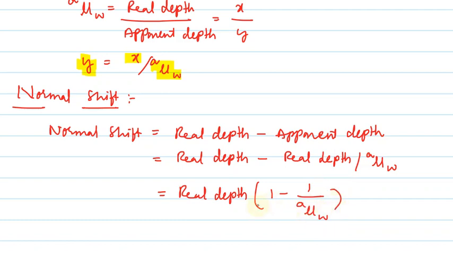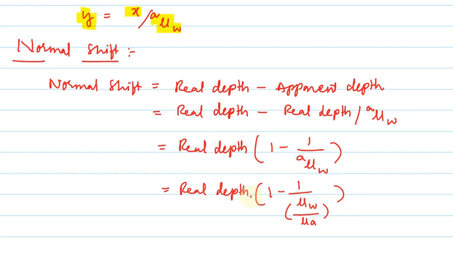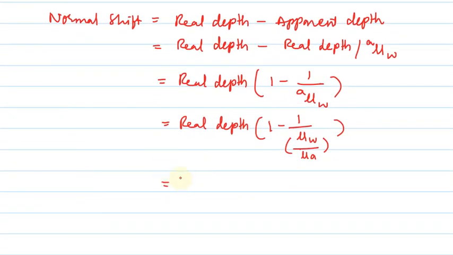If I write the refractive index of water with respect to air as mu w upon mu a, then I can write real depth of 1 minus 1 upon mu w upon mu a.